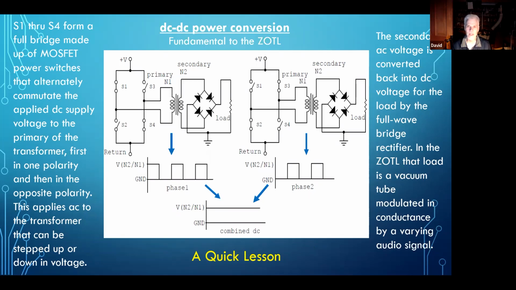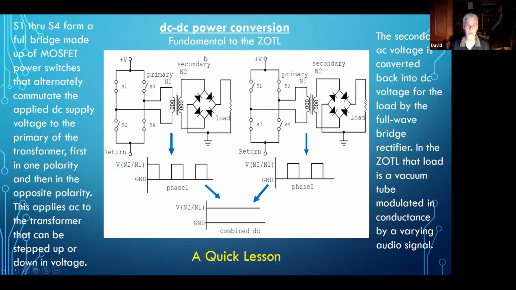The fundamental thing about the ZOTL amplifier, the basic principle of operation, is based on DC to DC power conversion. So I'm going to give you a real quick lesson on a real simple concept in power conversion to get things going.